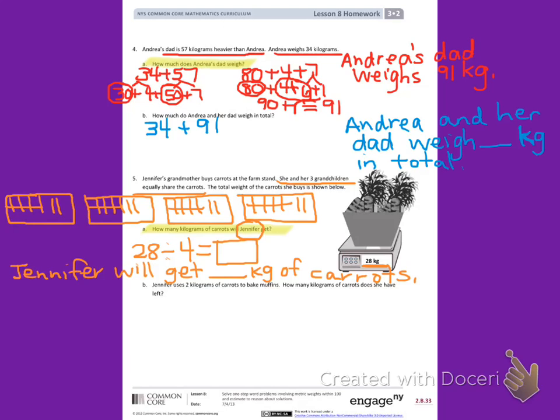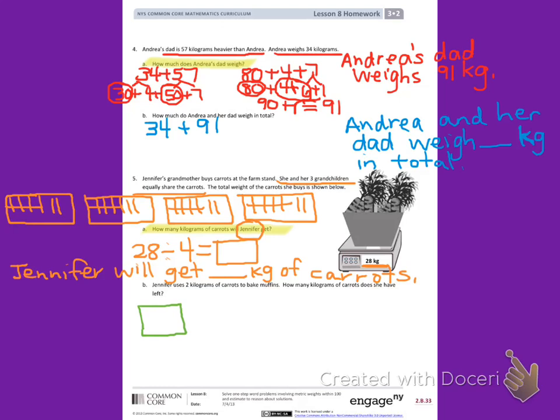And item 5B says, Jennifer uses 2 kilograms of carrots to bake muffins. How many kilograms of carrots does she have left? Remember, when you're doing this problem, you start with the number of kilograms that Jennifer has, not the amount in total that the grandmother bought. So, put the amount of kilograms of carrots that Jennifer was given right here.